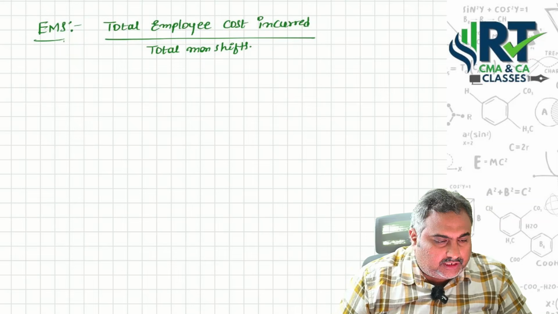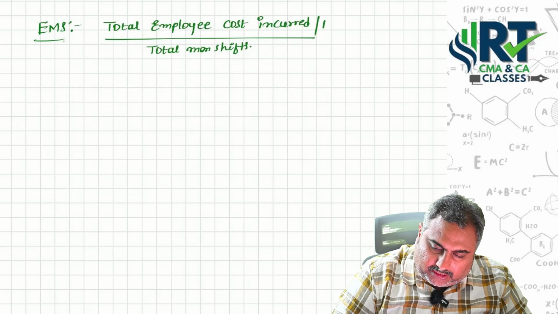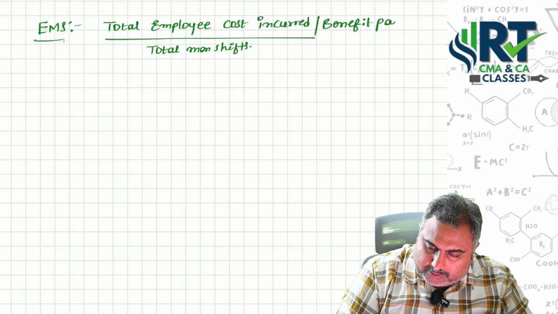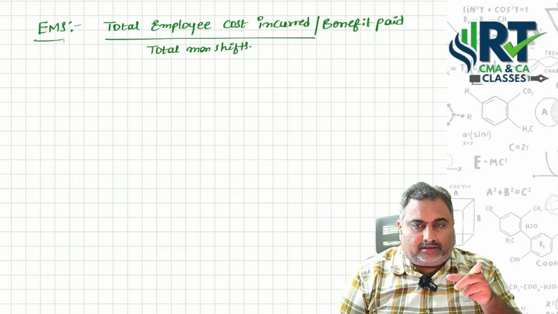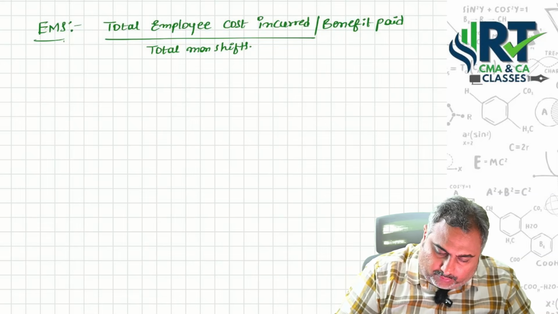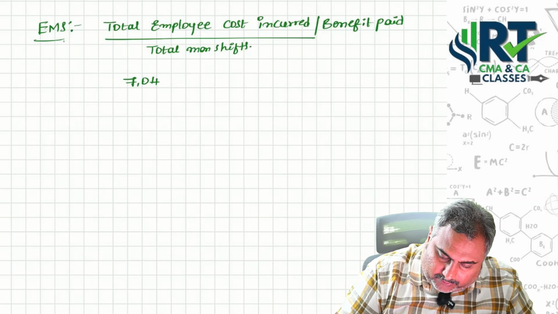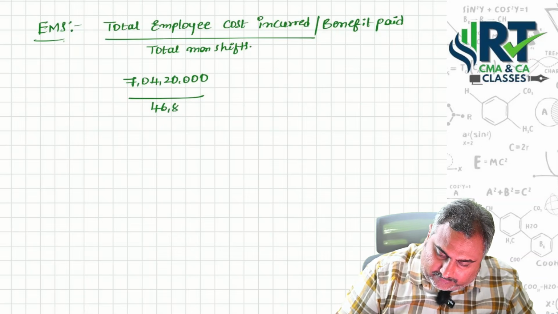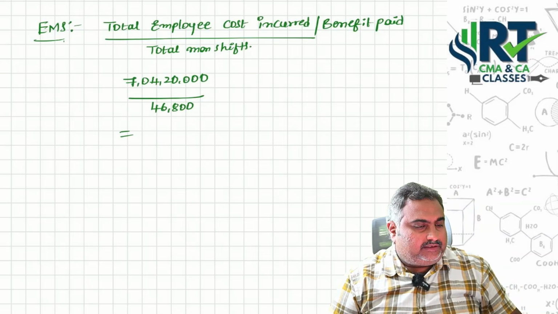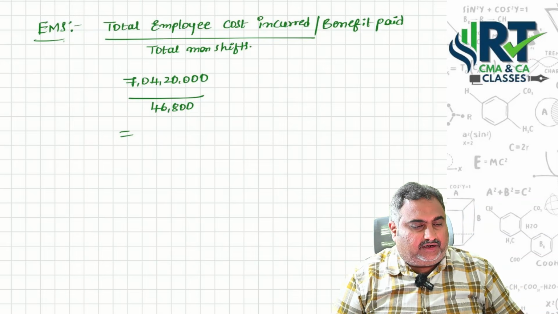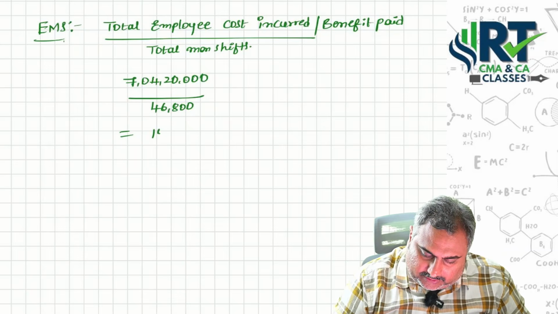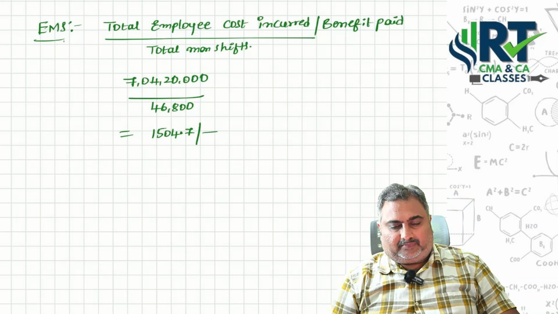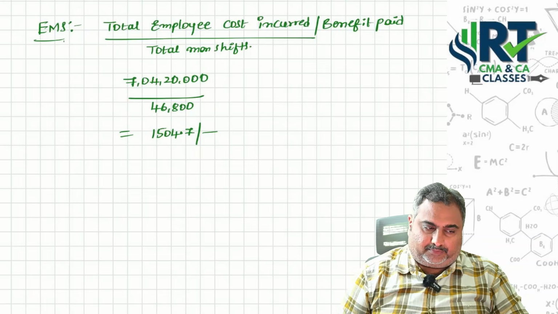What is the total employee cost incurred or benefit paid? We paid totally means wages plus gratuity. Combiningly we are paying how much? 7 crore 4 lakh 20,000 divided by how many man shifts? 46,800. 7 crore 4 lakh 20,000 divided by 46,800, that is equal to 1504.70. This is the EMS, earnings per man shift.